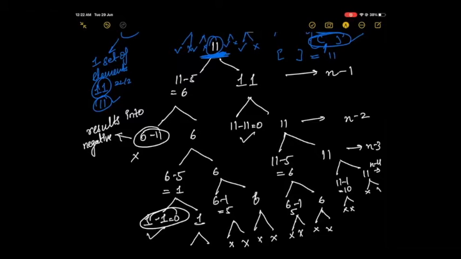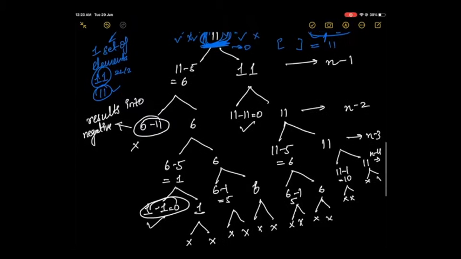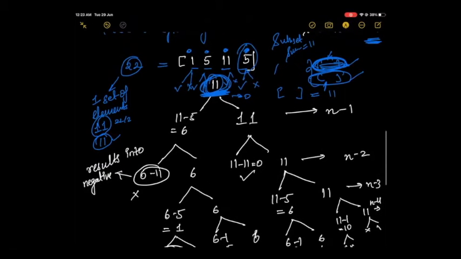Now we need to make this 11 into 0, to understand if we have got the elements or not. At the first step, we consider 5. We can either consider 5 or not consider 5. If we consider 5, the sum becomes 6. If we don't consider it, it still remains 11.